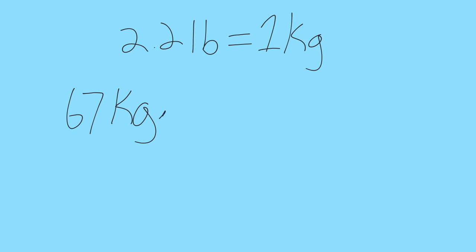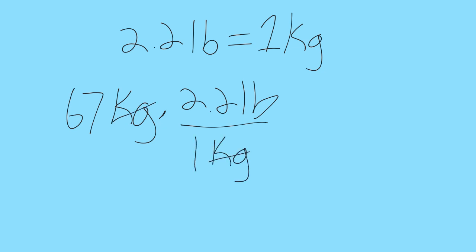So we're going to multiply so that the pounds are on top and the kilograms are on bottom. So kilograms cancel, and I am left with 67 times 2.2. Plugging that into my calculator gives me 147.4 pounds.